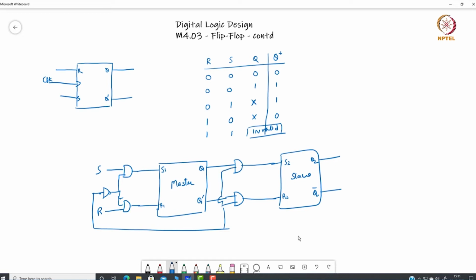Now let us see how it works. Let us consider this as an intermediate signal P, and this is my final output Q. Let us consider this as my clock signal, and this is the value of R, this is S. Initially let us say R is 0 and S is 1.